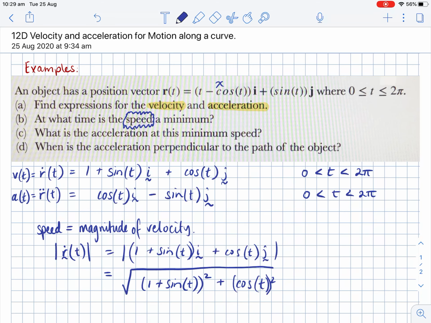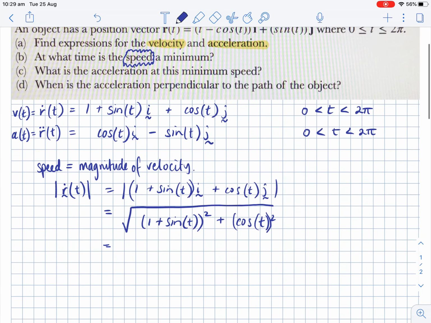Plus cos t squared, and then in order to do this I need to expand that bracket, and don't forget, when I expand a binomial expression, I have the first one squared plus 2 times the first one times the second one, which will be 2 sine t, plus the second term squared, so it will be sine squared t, and then plus cos squared t.